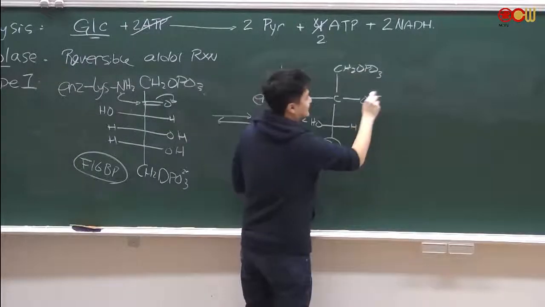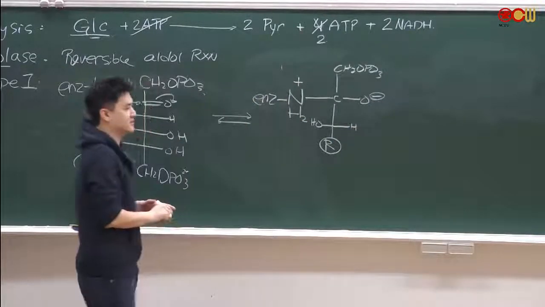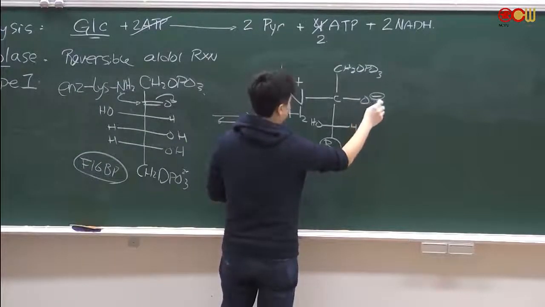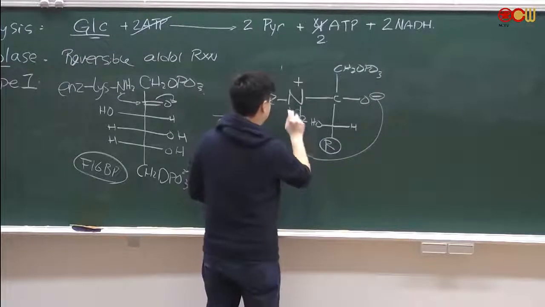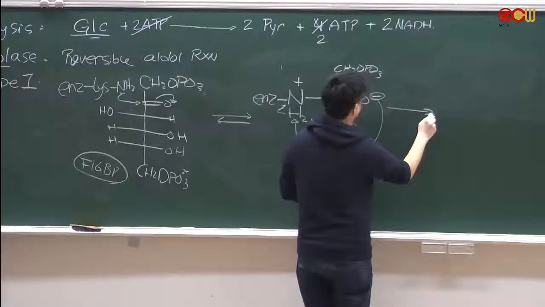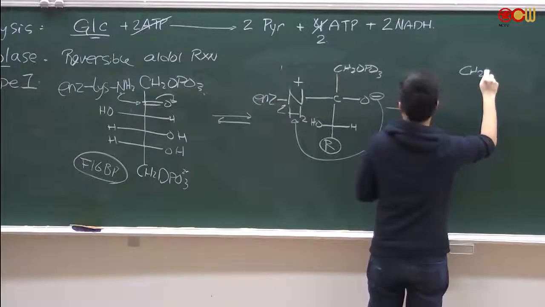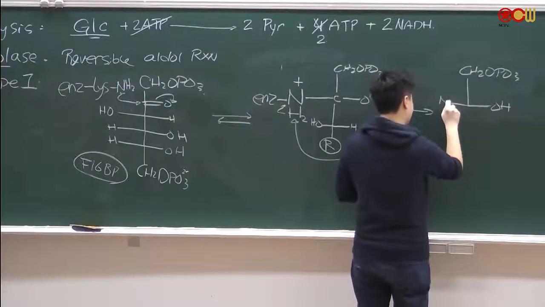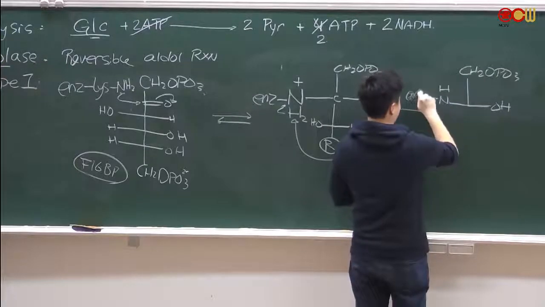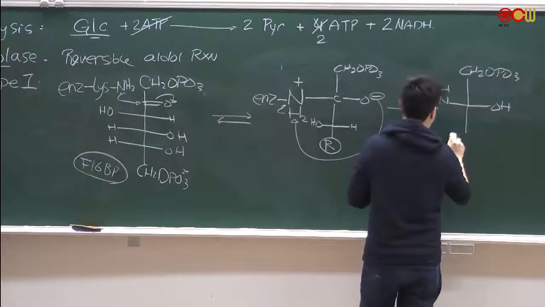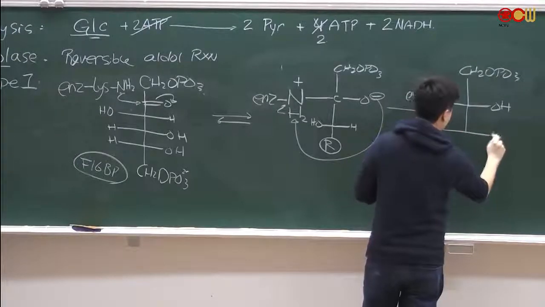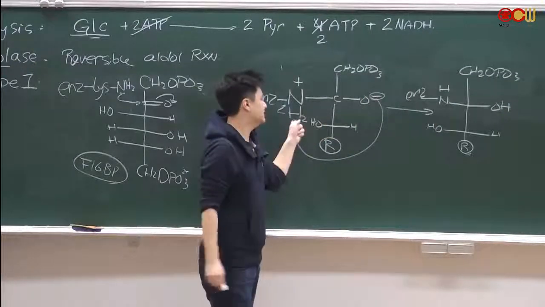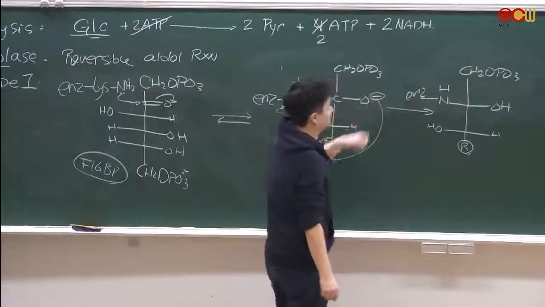And obviously, the oxyanion is going to do something. Essentially, what it's going to do is grab a proton, like this. So you deprotonate this guy, and then you transfer the proton from the amino to the hydroxyl group.